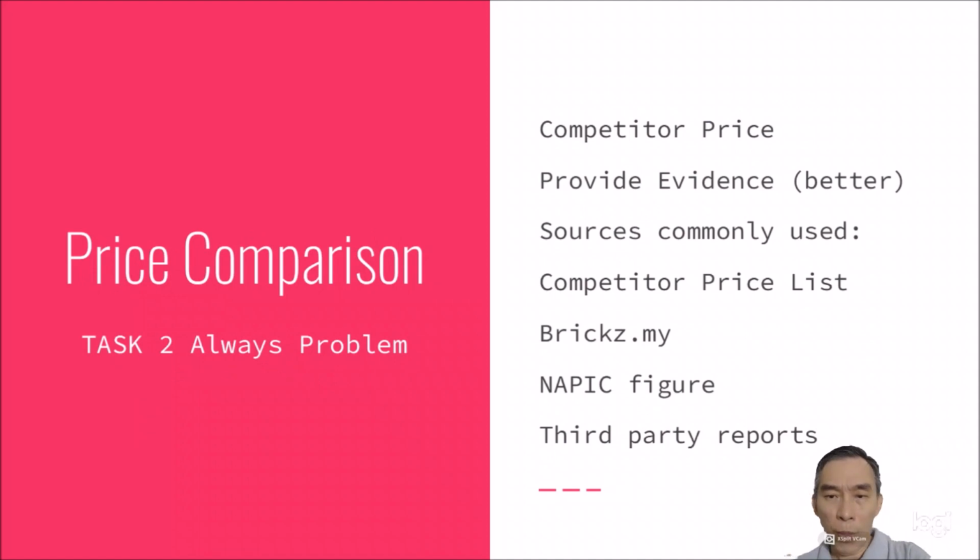So for price comparison, I'll just summarize again. You can use the price list from the competitor. You can also look at third party transacted price data, which is from Bricks.my or NAPIC figures, and also the third party report, if you have.